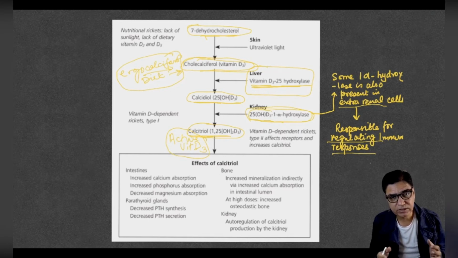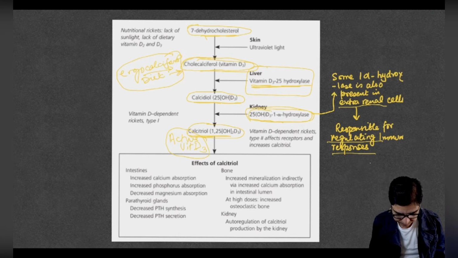So if vitamin D3 deficiency is there, then there is less regulation of the immune system, and that leads to a weakened immune system, and then people can succumb to different types of virulent infections, especially COVID-19.